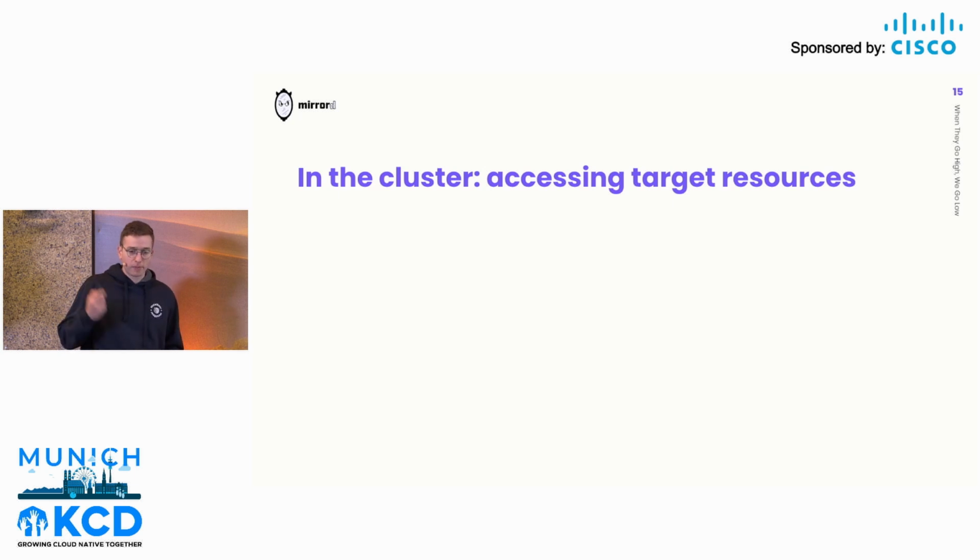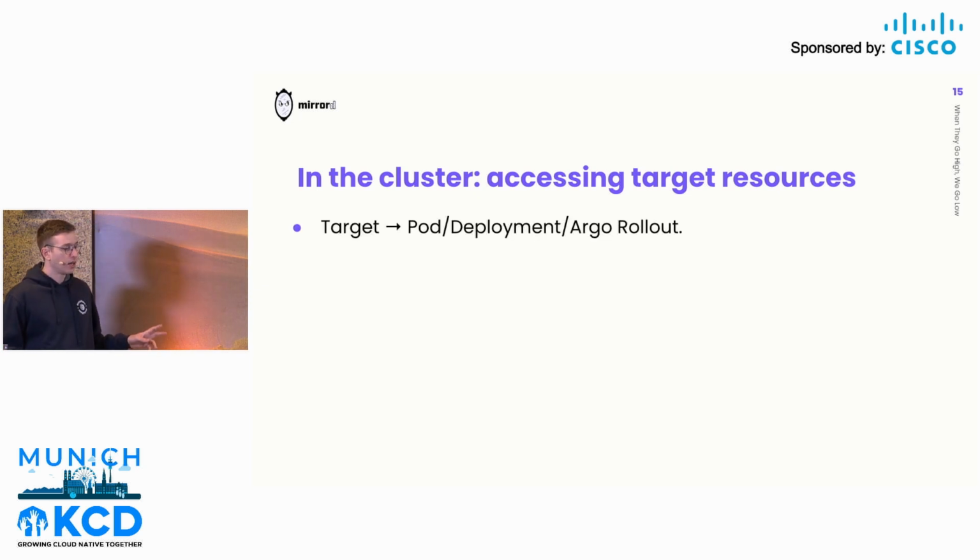So at this point, you might be wondering how we access the deployed application's data, its file system, traffic, environment variables, etc. So first, we need to know where to get the data from. And for that, users can specify a target for mirrord, which is either a pod, a deployment, an Argo rollout. I think we now also support jobs, maybe cron jobs, and that kind of stuff.